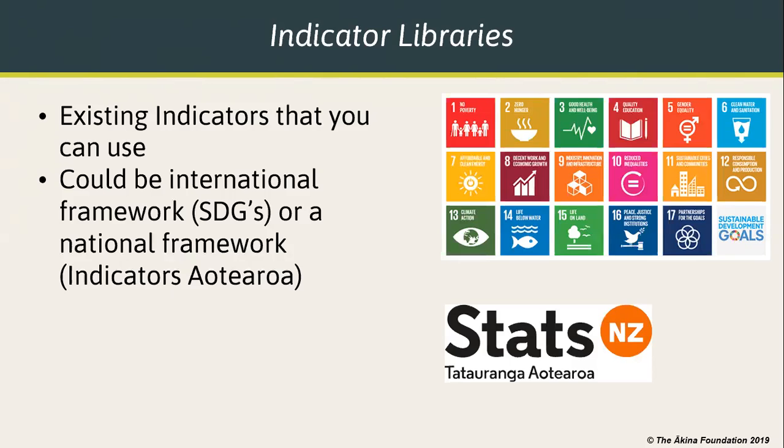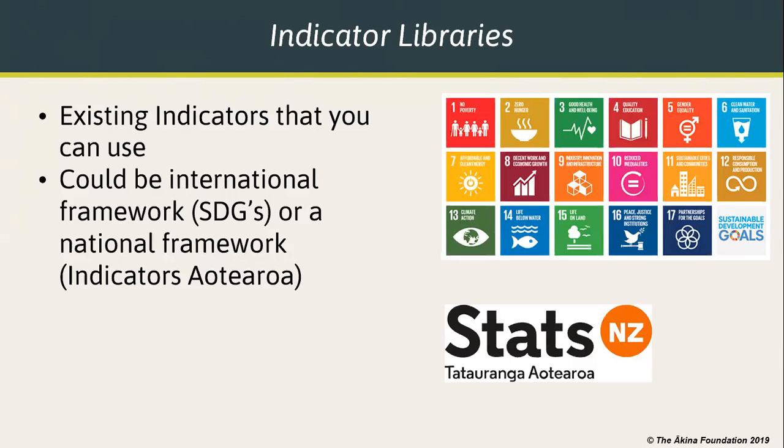One of them, I'm sure you'll all be familiar with, is the SDGs. The SDGs have those high-level 17 goals, but sitting underneath those 17 goals are indicators for how they are measuring that change. So that's quite a good source of indicators. And lots of governments and departments have their own indicator libraries or are developing them.